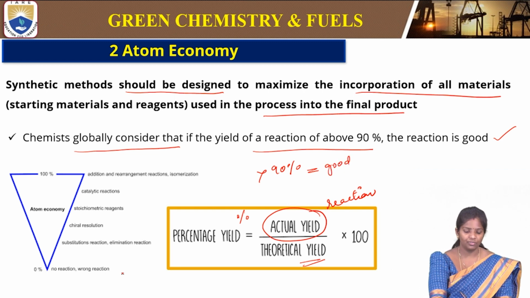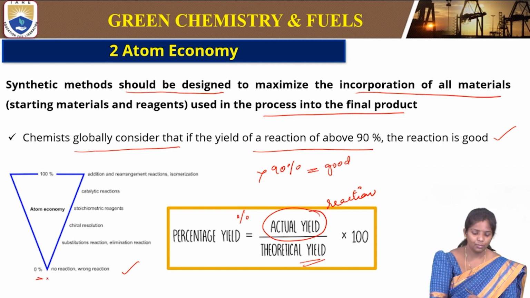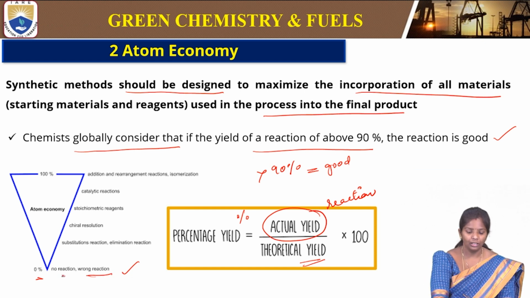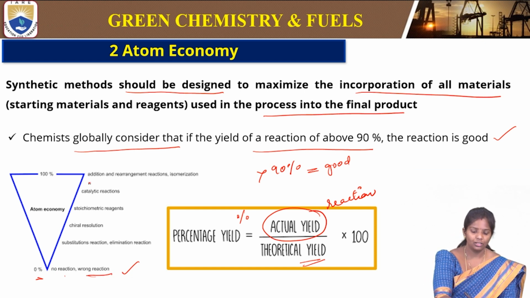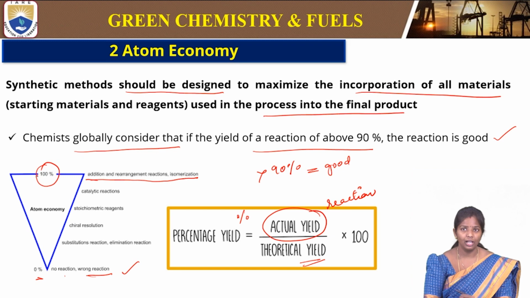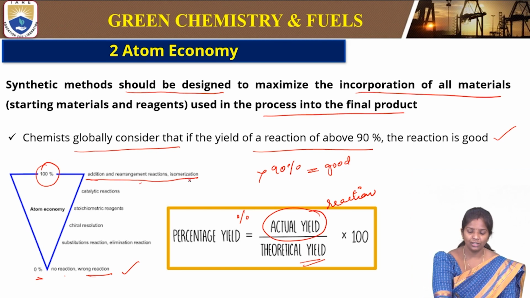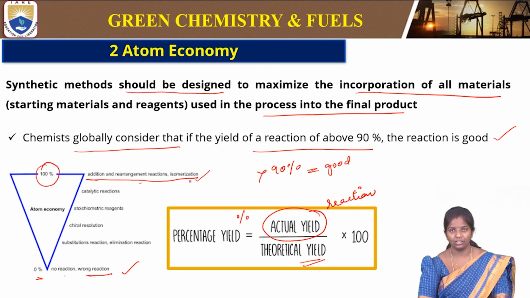If we see this figure, we can understand that the atom economy is 0% when no reaction or a wrong reaction takes place, and it increases with some reactions. The highest atom efficiency, 100%, is achieved with addition and rearrangement reactions, or isomerization reactions. Why?